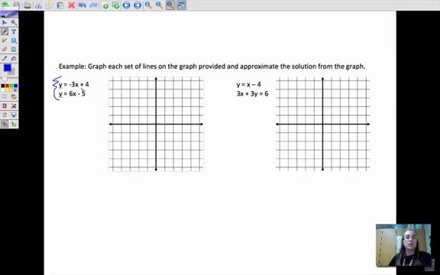So y equals negative 3x plus 4 has a y-intercept of 4 and a slope of negative 3. I'm going to go ahead and use my line tool here to make that line. And then y equals 6x minus 5 has a y-intercept of negative 5, 1, 2, 3, 4, 5, and a slope of 6.